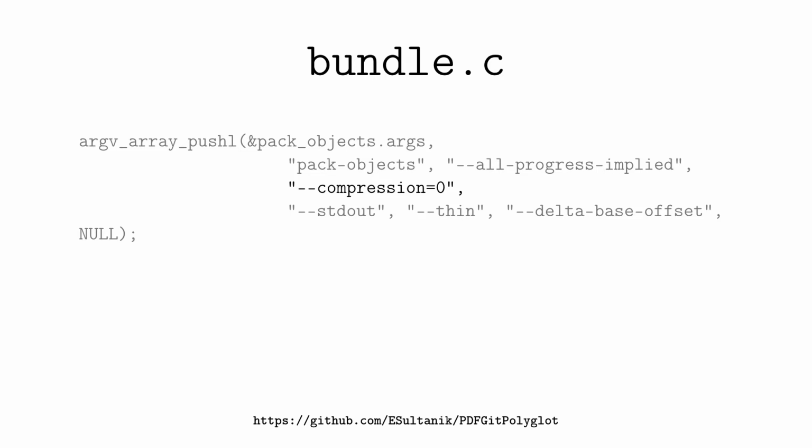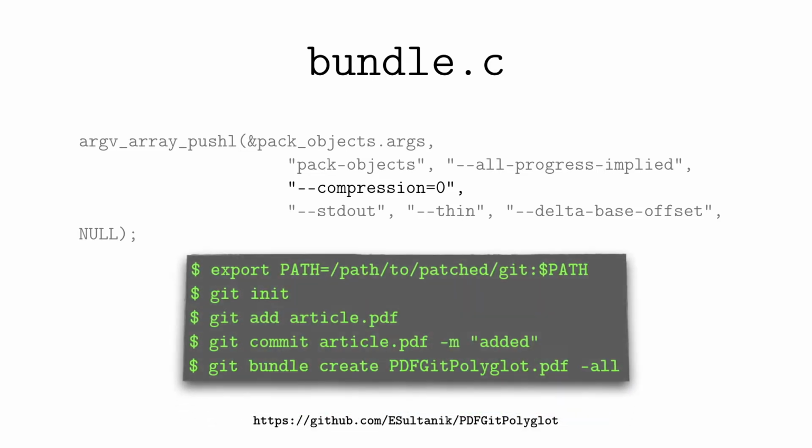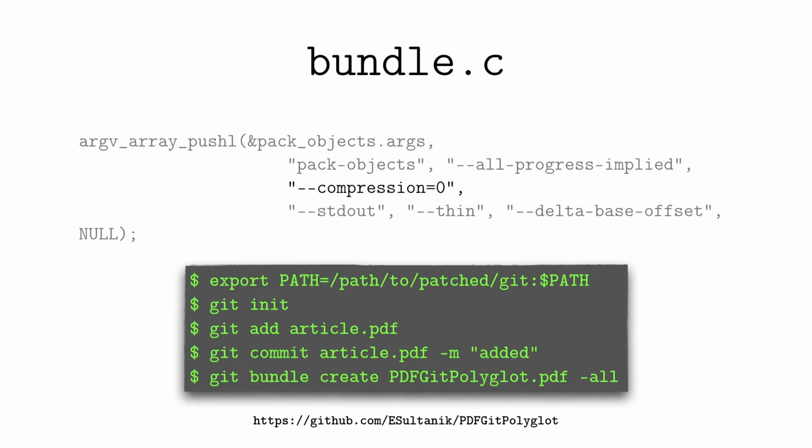So I have a patched version of Git that does this. On my GitHub page, it also has a number of other enhancements to make things a little bit easier for you. But ultimately, if you use this patched version of Git to make a bundle, and you have a PDF committed inside of your Git repo, then the bundle will be that PDF.